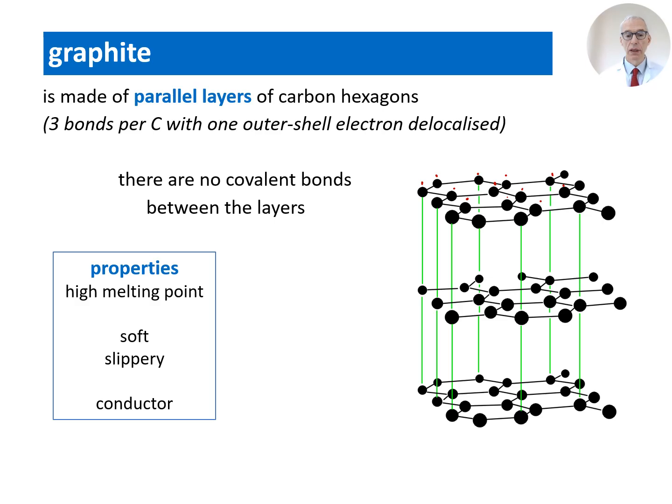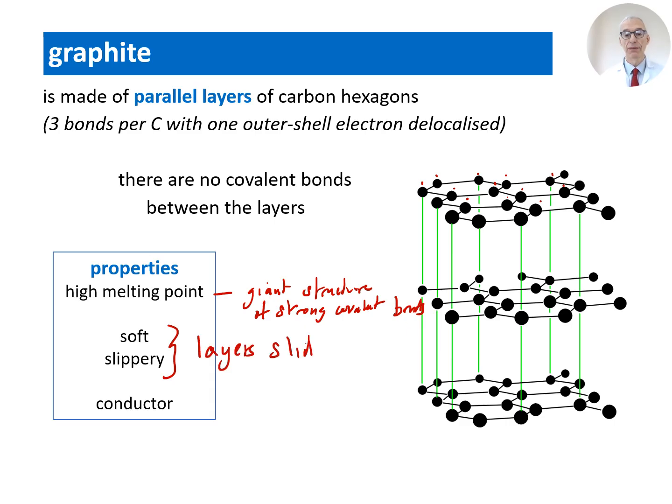Okay. So obviously high melting point. We've got a giant structure that contains strong covalent bonds. What about soft and slippery? Well, the layers can slide over each other with ease.